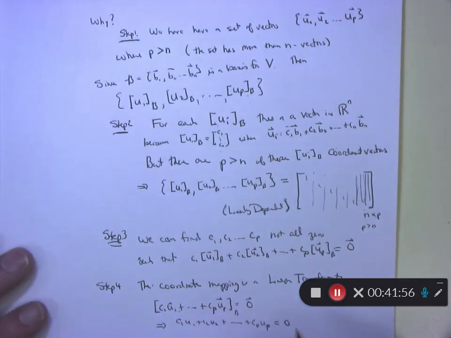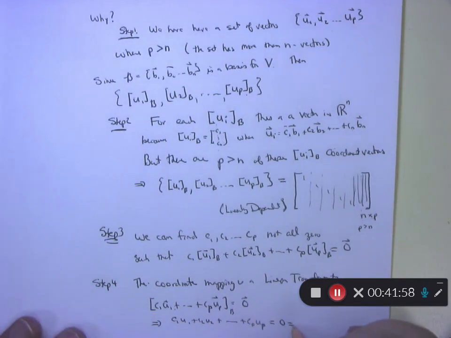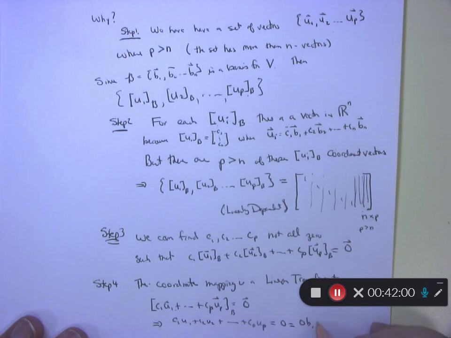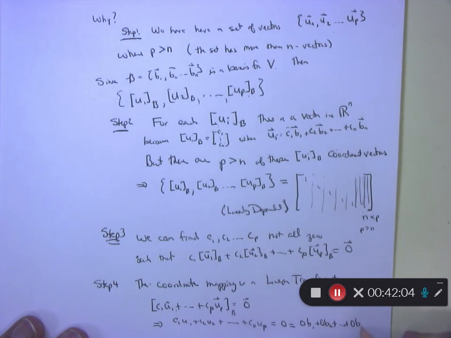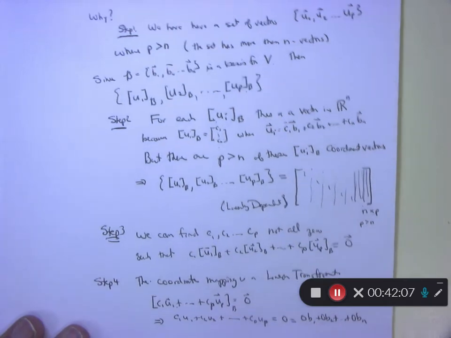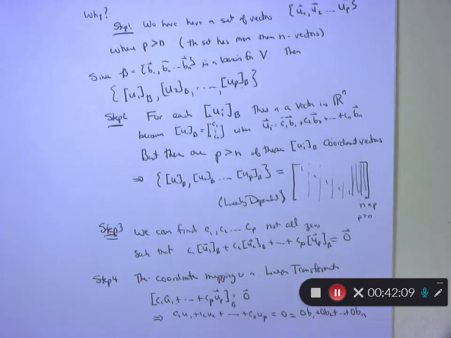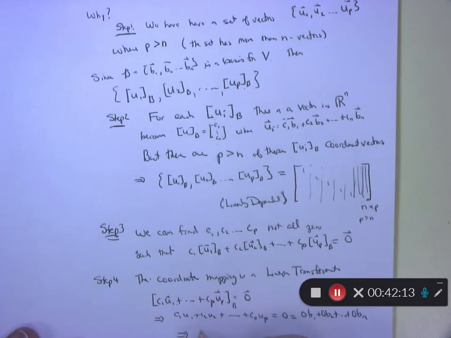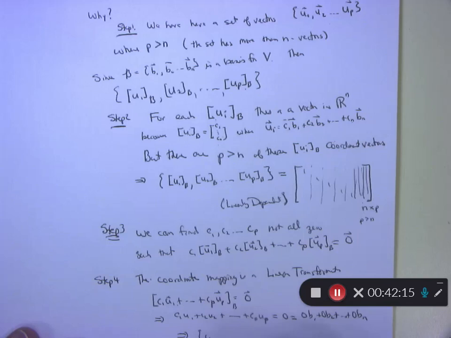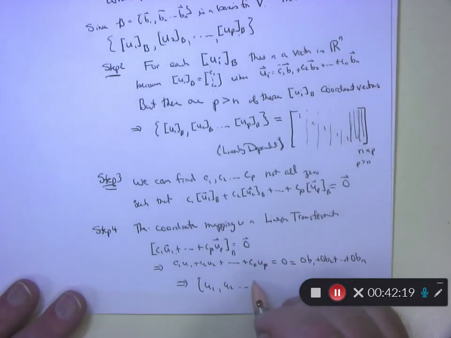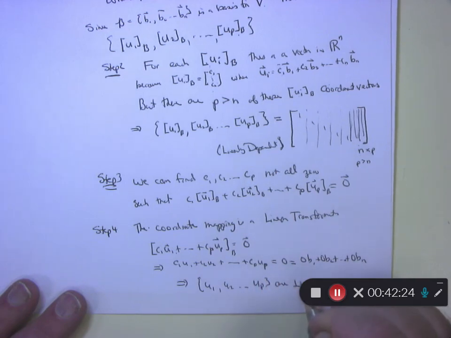And this is the same thing as 0B1 plus 0B2 plus dot dot dot plus 0Bn, because these are linearly independent. So this really implies that the original vectors U1, U2, all the way out to UP are linearly dependent.